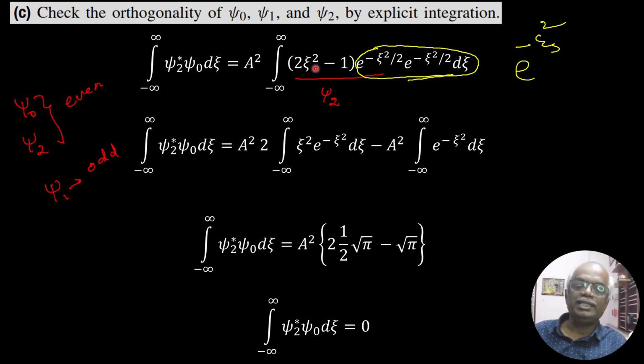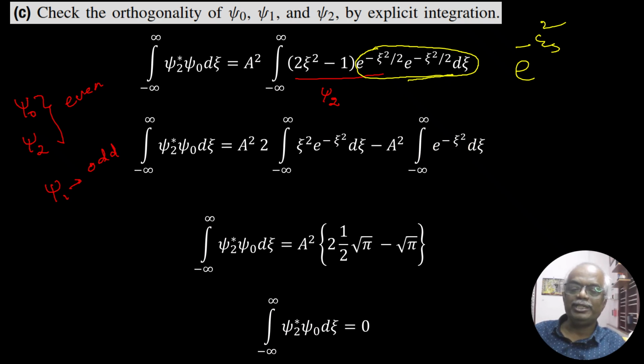Then the remaining thing, you can separate into two integrals. One is a squared, and you take the first term 2. 2 is a constant, so I am taking it outside of the integral. Then z squared and this exponential term. And minus 1 times a squared, this e power minus z squared.